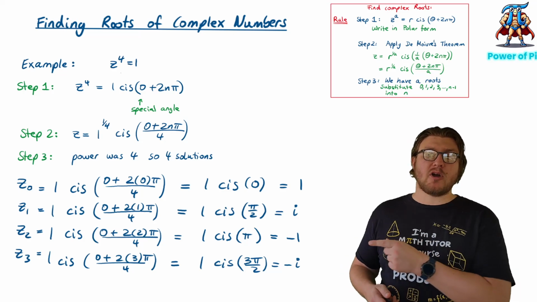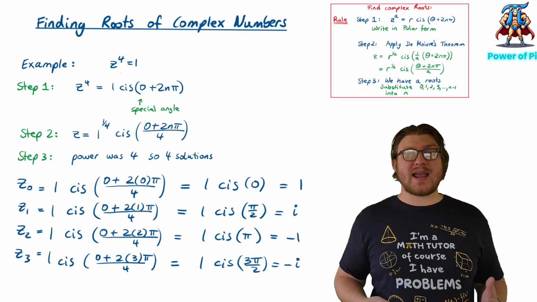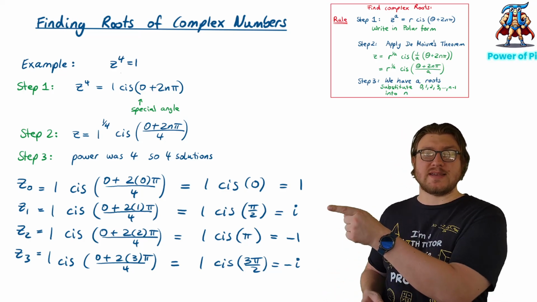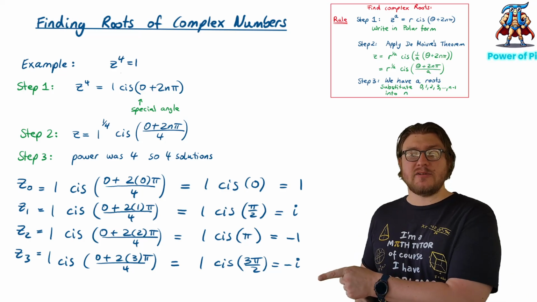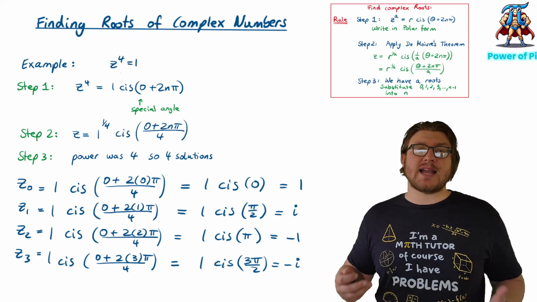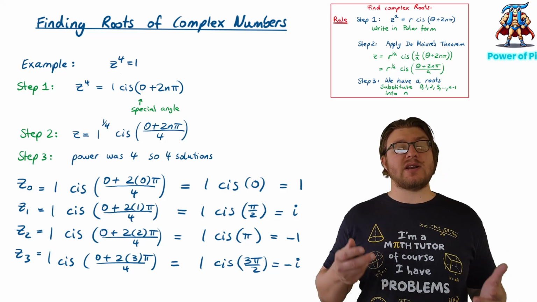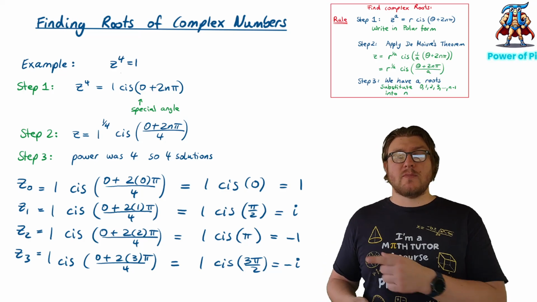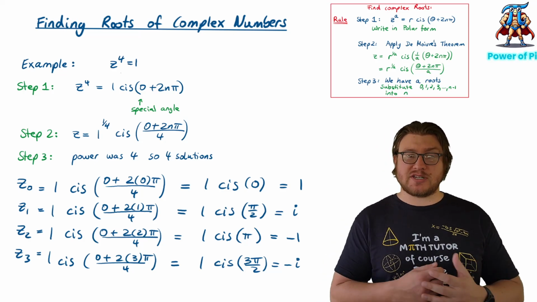However, I'm going to leave it as this because the marking schedule for these exams usually allows you to write these in this form. And if you find the final answer, it doesn't actually matter if you do cosine of 3 pi over 2 or cosine of negative pi over 2. Remember, the answer is going to be the same in rectangular form.